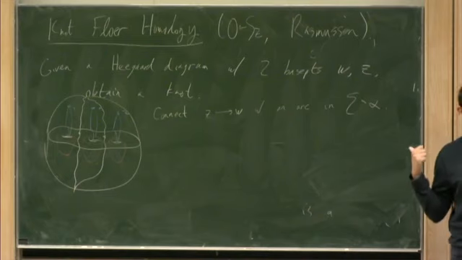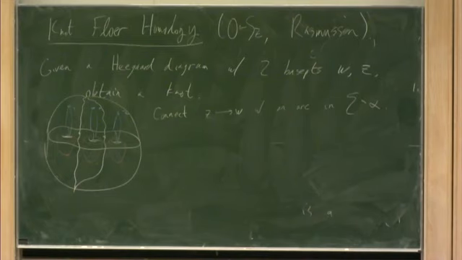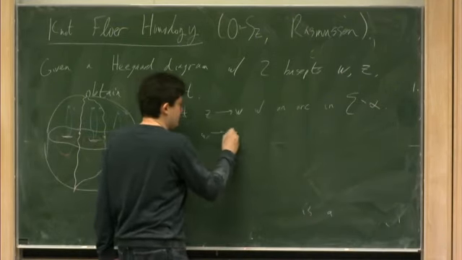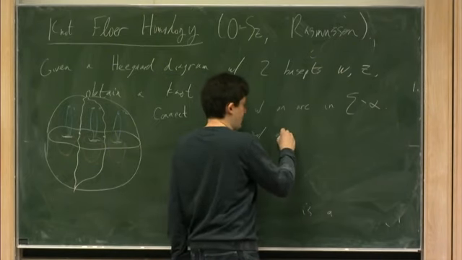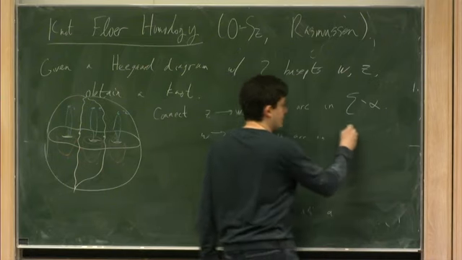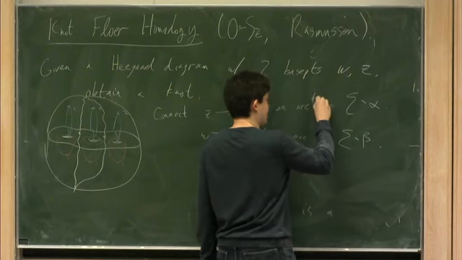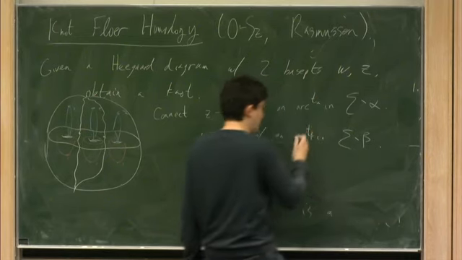So I can always connect these 2 points, and then I can connect W to Z with an arc in sigma minus the beta circles. Maybe I'll call this arc t alpha and this arc t beta.